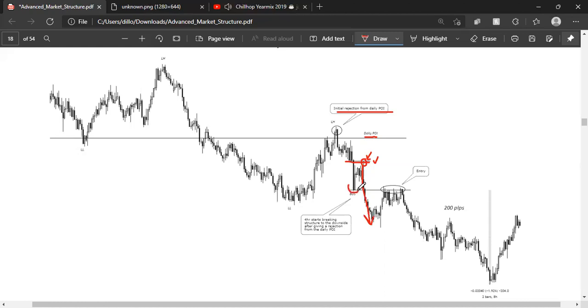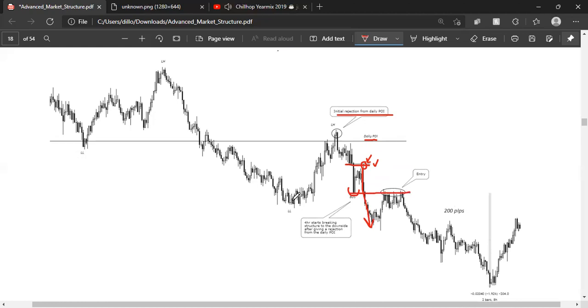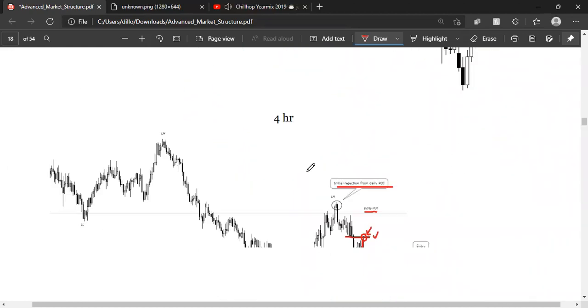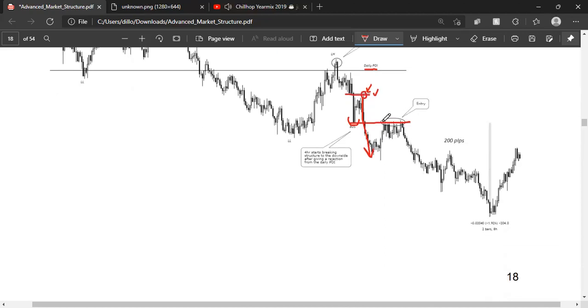And we see right here, this is that low that got broken. So price comes back up, we got the rejection from the daily point of interest. Now we got a break of structure on a 4-hour point of interest, right? So our entry would be in here, and this move went a max of 200 pips.